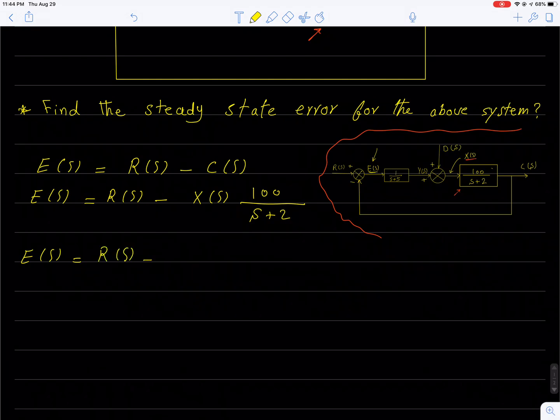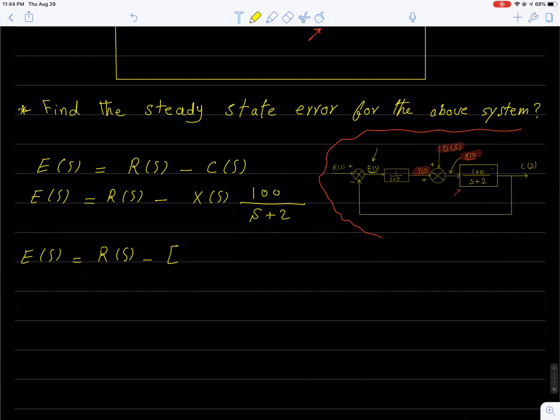minus, now instead of X of S, this signal right here, I can write D of S plus Y of S. So we're gonna do that.